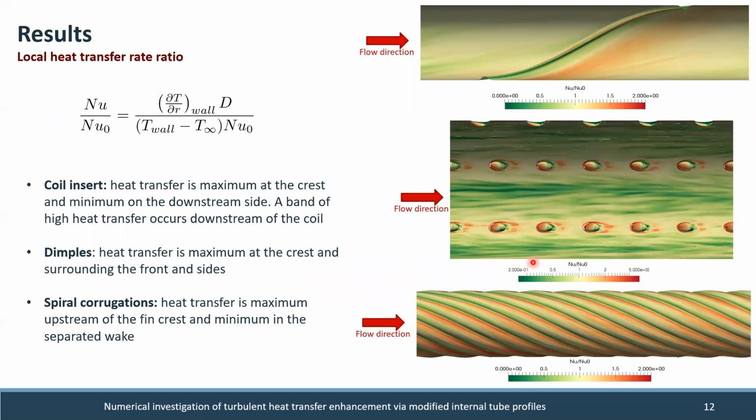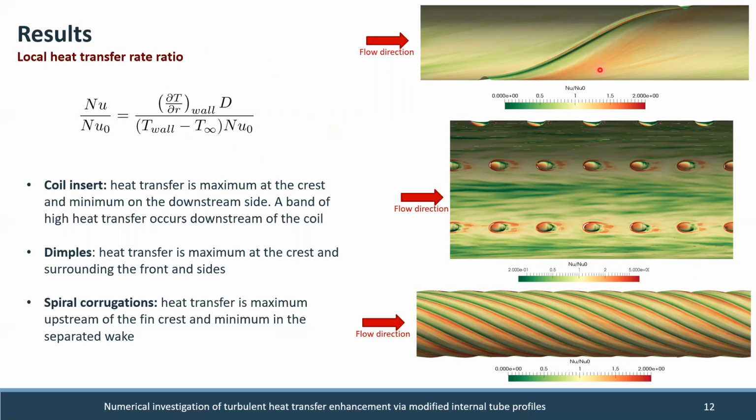The next slide is about the local heat transfer rate ratio. The relation is shown here. We have calculated the local Nusselt number ratio for all the three cases, which are shown here. So this one is for the coil insert case.